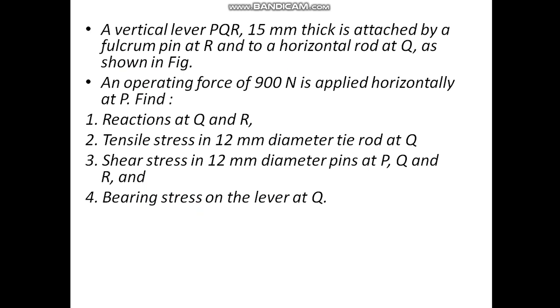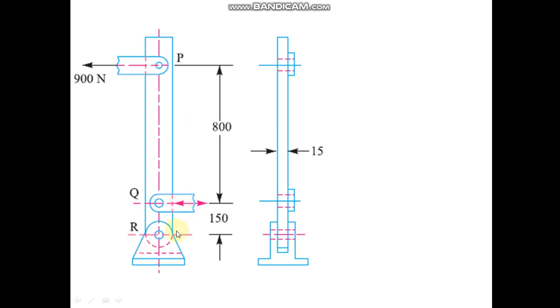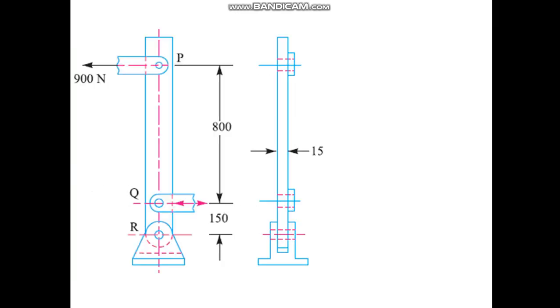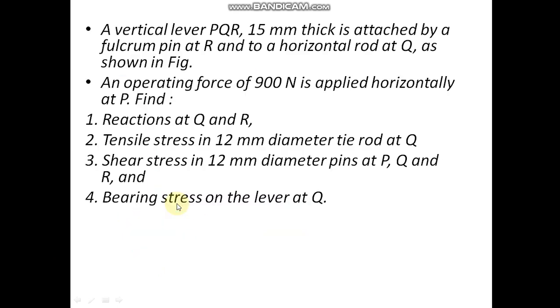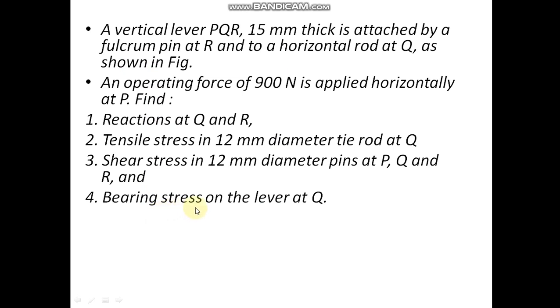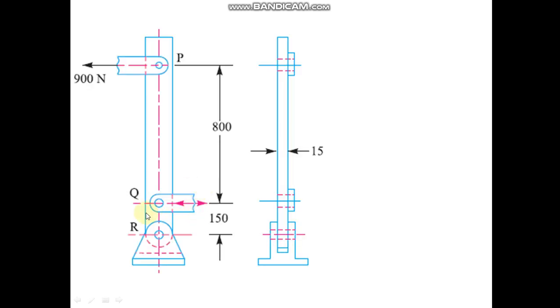Find reactions at Q and R. So first of all, you have to find reactions at point Q and R. Tensile stress in 12 mm diameter tie rod at Q. So you have to find the tensile stress in the rod which is attached at point Q. Shear stress in 12 mm diameter pins at P, Q and R. So at these pins you have to find the shear stresses. And lastly, bearing stress on the lever at Q. So you have to find the bearing stress.